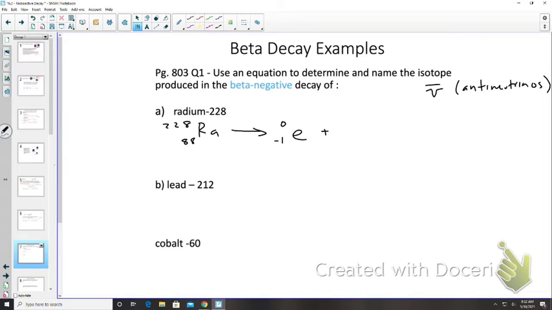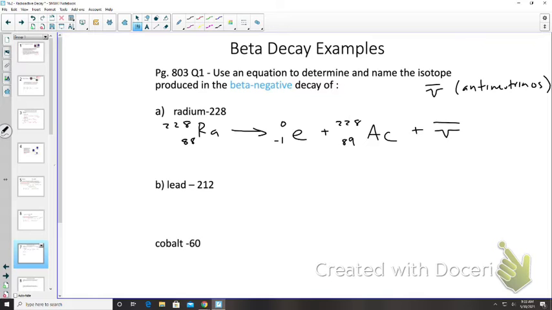So what minus 1 will equal 88? That is 89. And our mass number stays 228. An element that has 89 protons is actinium. And we're also going to have an antineutrino being emitted, because this is beta negative decay. So let's continue.